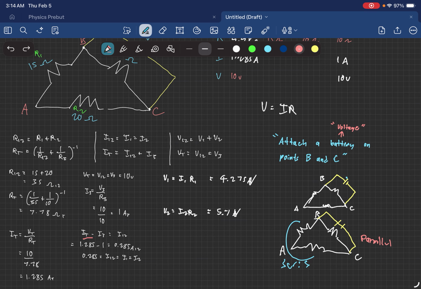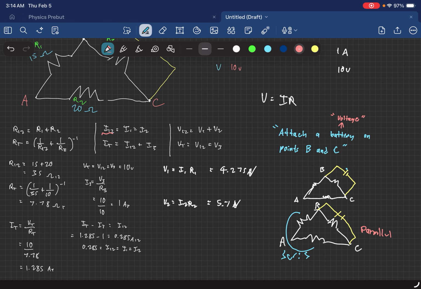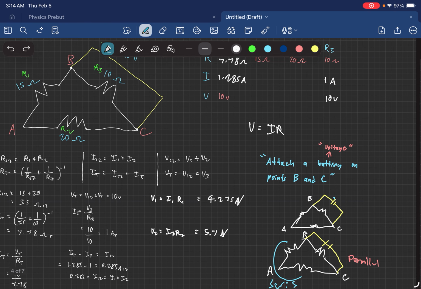We isolate I12 and solve for it. IT minus I3, we transpose. It gives you 1.285 minus 1 equals 0.285. And remember, I12 is equal to I1 equals I2, so 0.285 is also those.